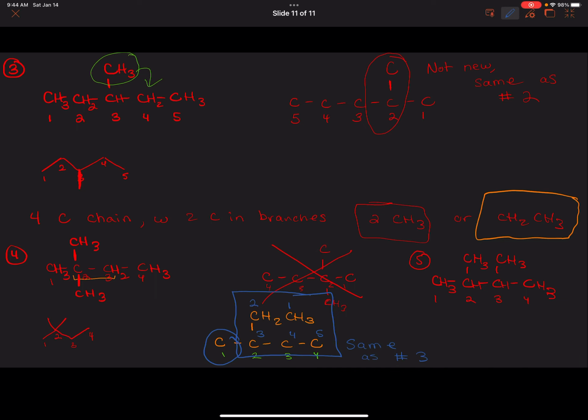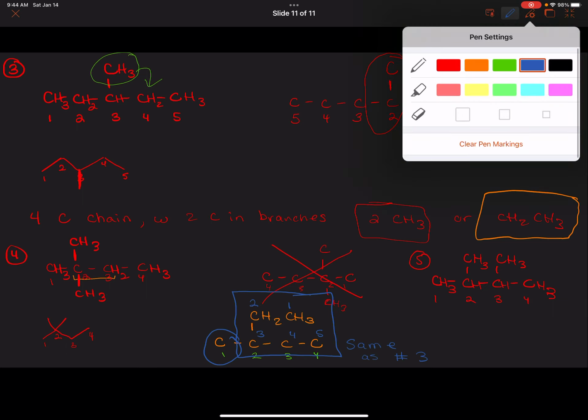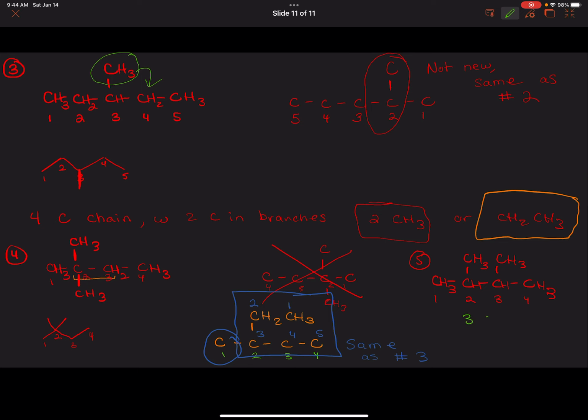So then we would drop to our next lowest chain. So we could drop to a 3 carbon chain. If we had a 3 carbon chain, we would have to have 3 carbons in the branches. If I drew my 3 carbons straight across, there's only 1 interior carbon.